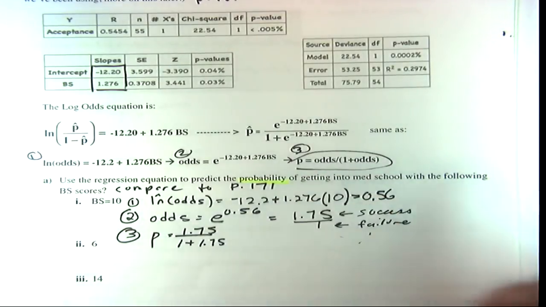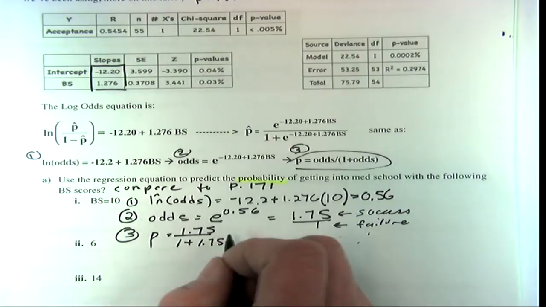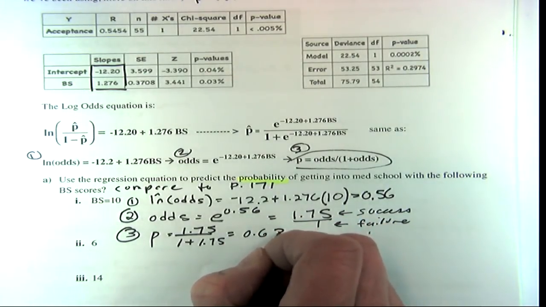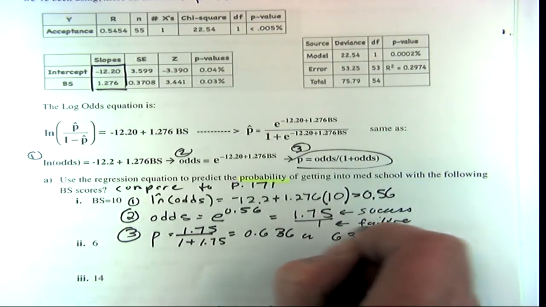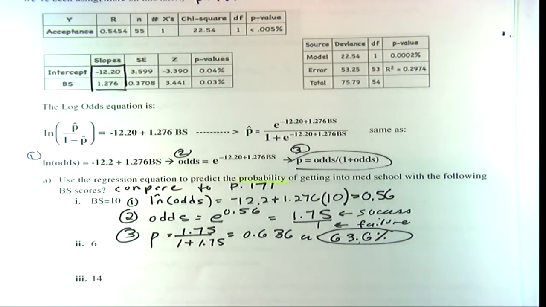That's what I'm doing here. And it's what we were doing all along. Okay? And then we get 0.636 or 63.6%. And it even gives us a better estimate there than the other one did.